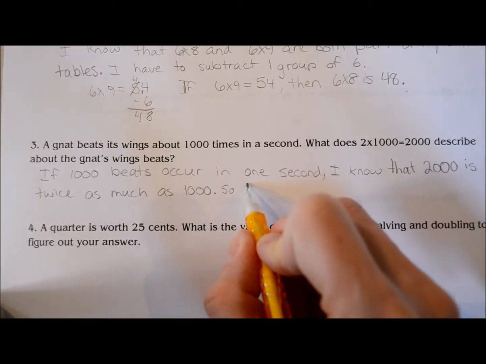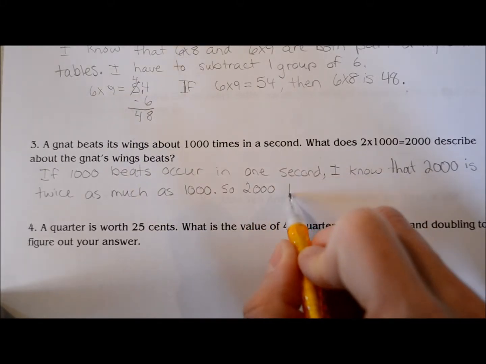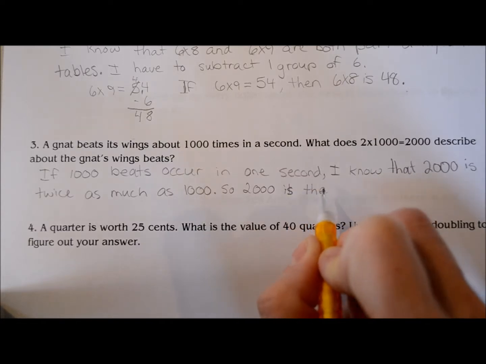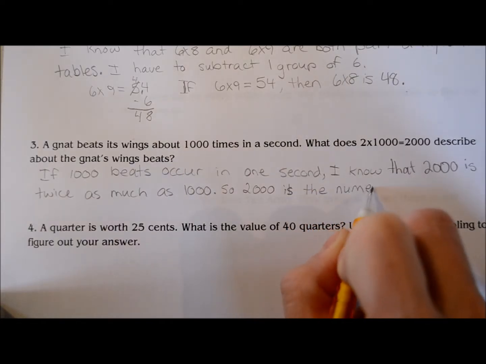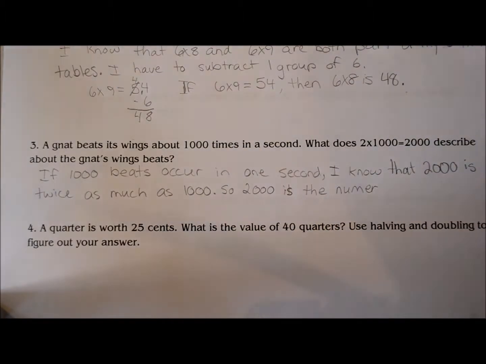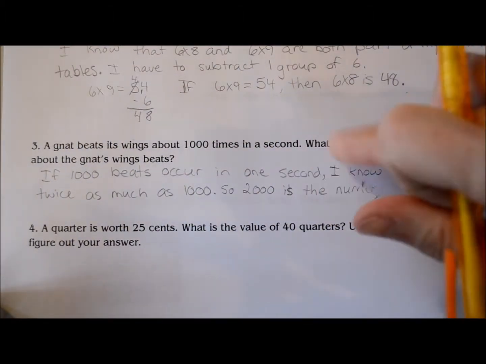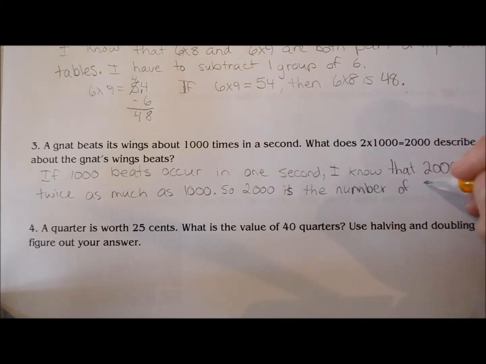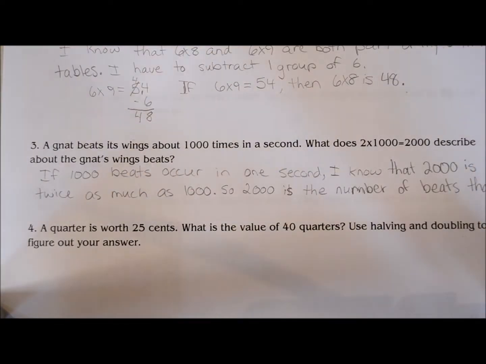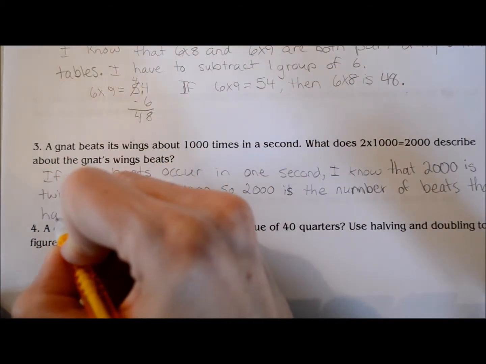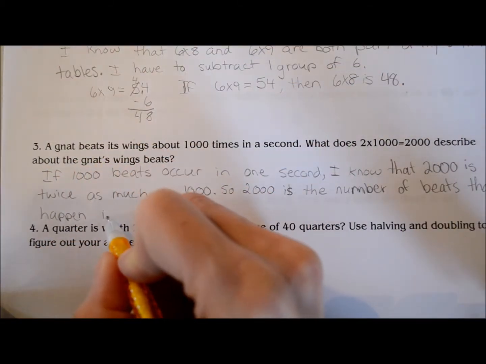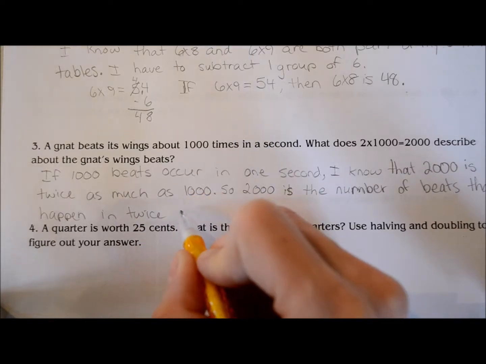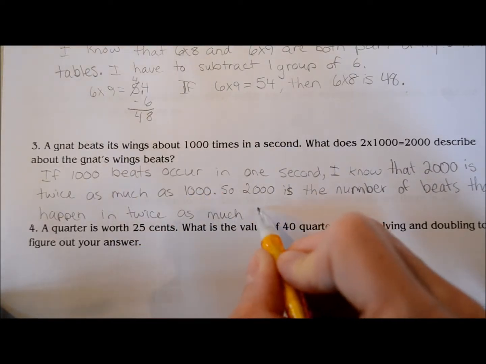So 2,000 is the number of beats that happen in twice as much time.